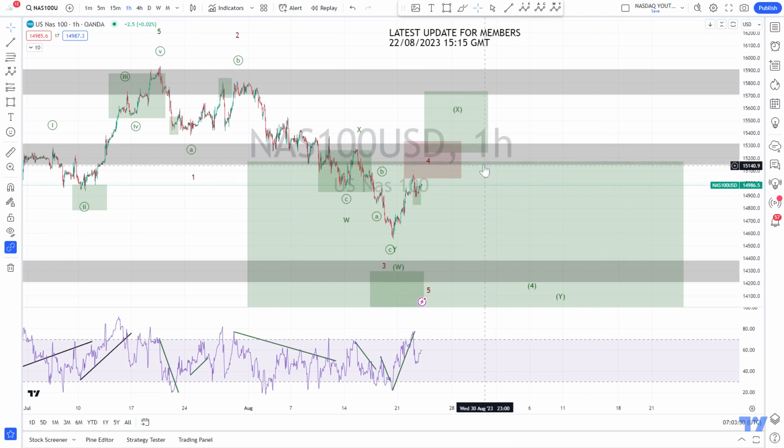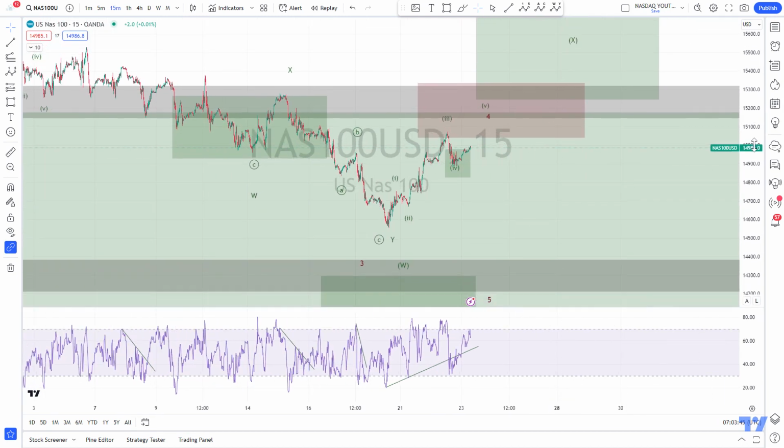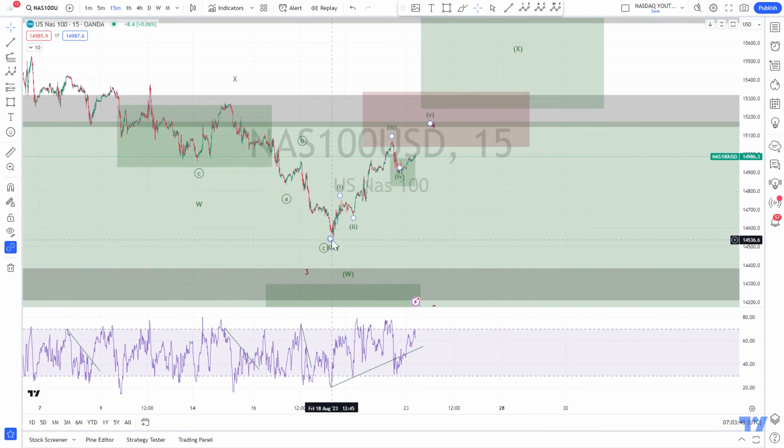And now the question is, how will we go there? Which kind of move? Therefore we look at the 15 minutes. It could be that we do it as an ABC, but it looks like if we take out this high, it will be without divergence. So first I was counting here on an ABC, 5 waves, 1, 2, 3, 4, 5.